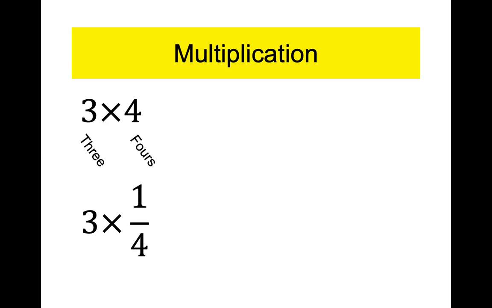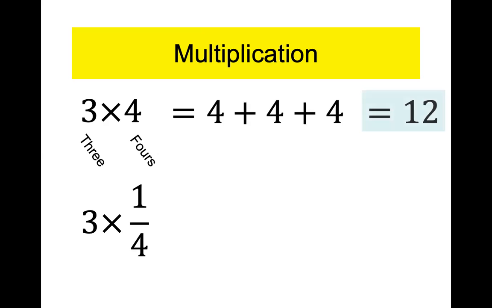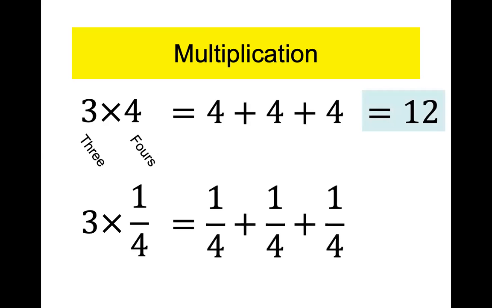If 3 times 4 could be written as 4 plus 4 plus 4, 4 written 3 times, well, then the same thing must be true. If we write 4 3 times, and that's what this equals, we should be able to write 1/4 3 times. Well, I write 1/4 3 times, therefore the answer is 3/4. Okay.